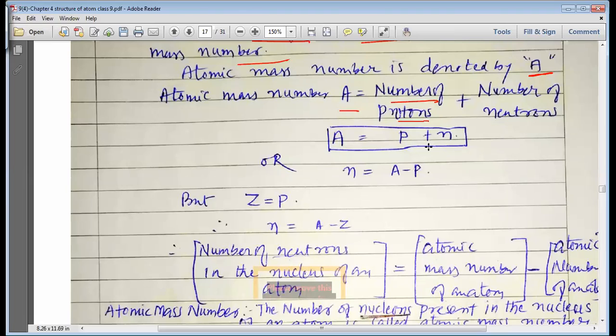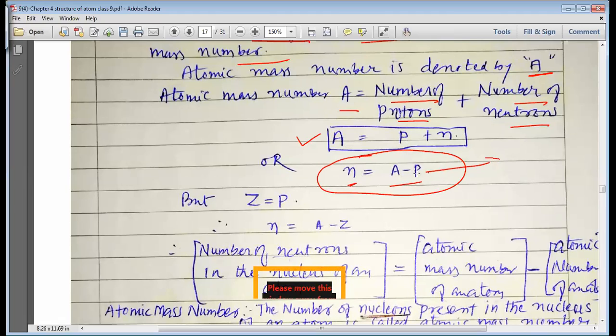Therefore, A is equal to P plus N. Using this equation, we can write that the number of neutrons is equal to A minus P. But we know that the atomic number is represented by the number of protons.